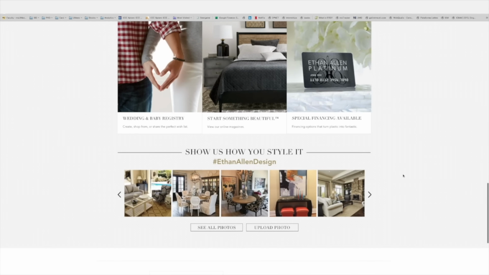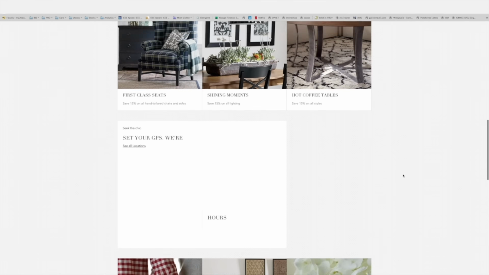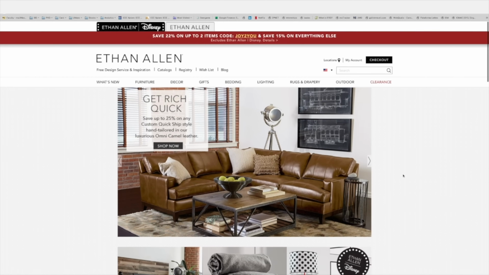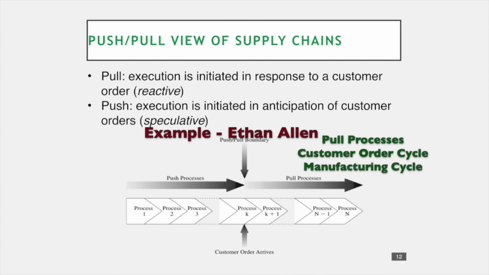So once that order is placed, all the processes within not only the customer order cycle but also the manufacturing cycle get activated. So in this case, both the customer order cycle and the manufacturing cycle become part of pull processes. So these two cycles will be to the right of the push-pull boundary.